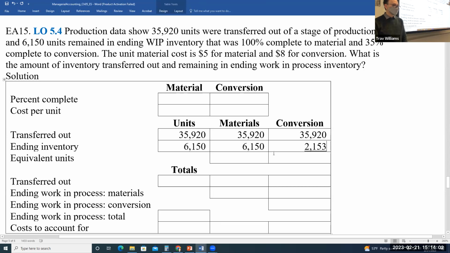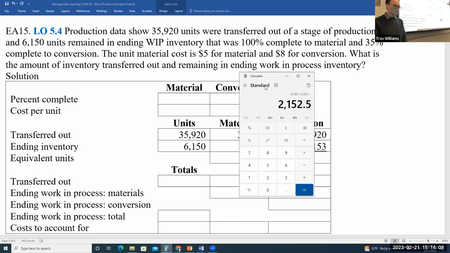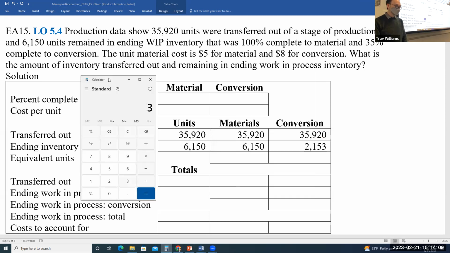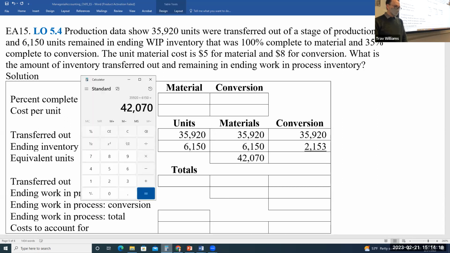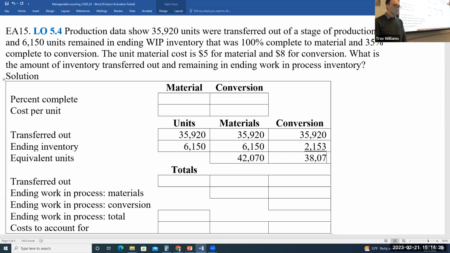Okay. We can add up our total units of materials, 42,070. Our equivalent units for conversion, 38,073. By the way, we know the materials are always 100% complete, and they told us the conversion is 35% complete, right?